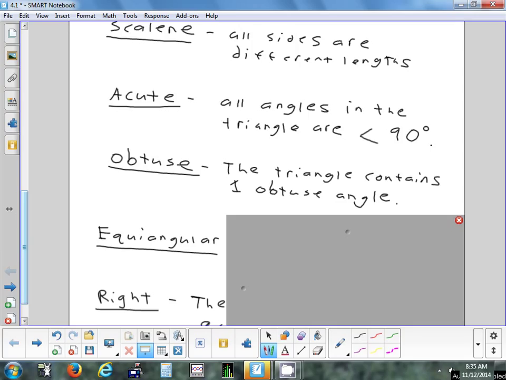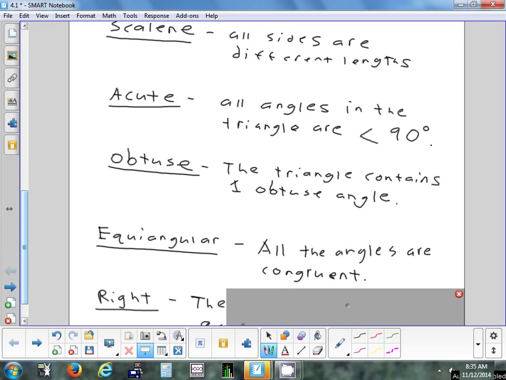What's the first part of that word? Equi. What do you think that means? Equal. And what about the second part of that word? Angular. What do you think angular means? Angles. So what do you think equiangular means? All angles are the same. They're all congruent.